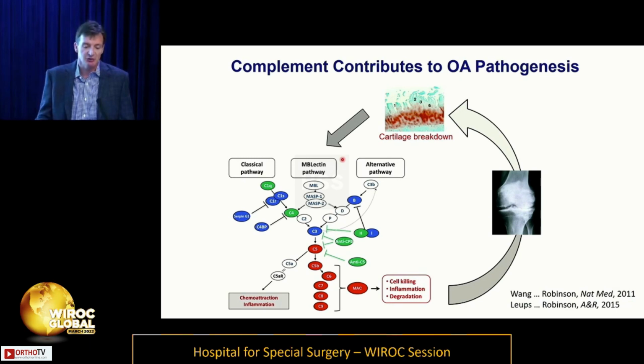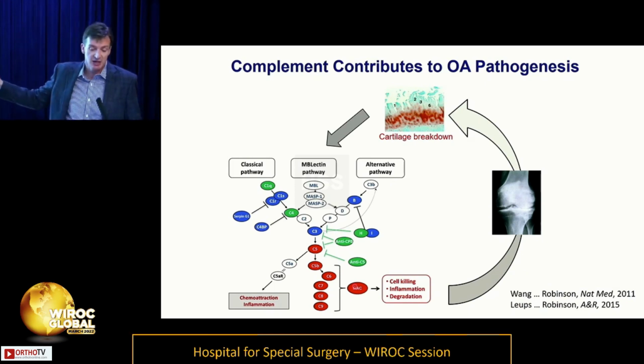Specifically, it activates the alternative pathway, resulting in the formation of the membrane attack complex. The membrane attack complex classically is used to punch holes in virally infected cells or in bacteria to kill them. But in contrast, in osteoarthritis, perhaps it's killing some chondrocytes, but maybe more importantly, it's sublytically stimulating inflammatory pathways in both chondrocytes and synoviocytes.